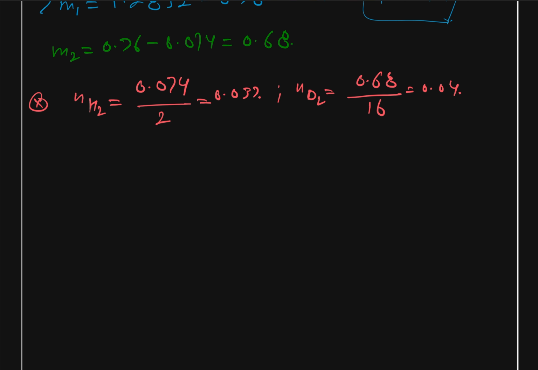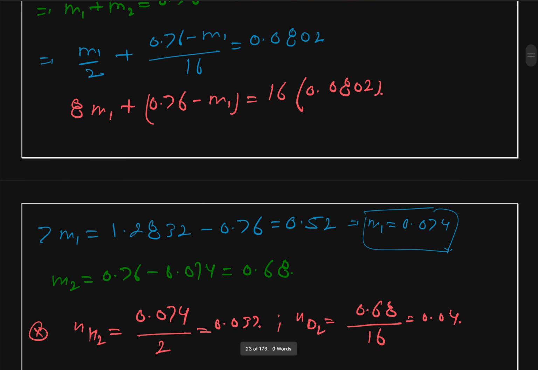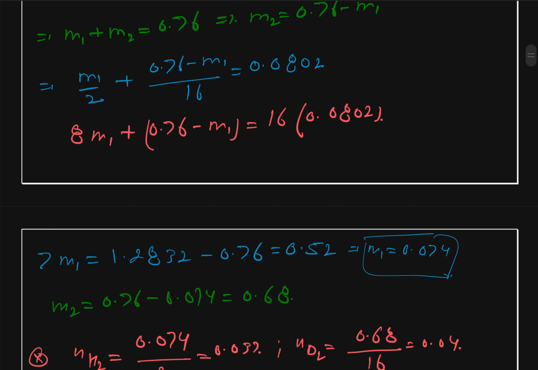Therefore, we can say that the number of our hydrogen to number of our oxygen is equal to 0.037 divided by 0.04, so this comes as 0.92. I think I made some mistake somewhere.